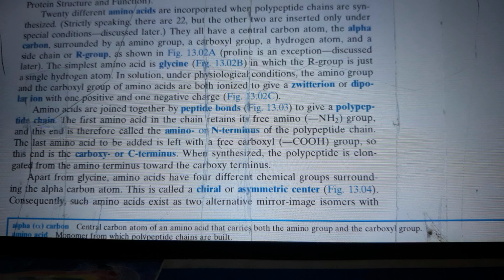20 different amino acids are incorporated when polypeptide chains are synthesized. So strictly speaking, there are 22, but the other 2 are inserted only under special conditions to be discussed later. They all have a central carbon atom, the alpha carbon, surrounded by an amino group, a carboxyl group, a hydrogen atom, and a side chain or R group, as shown in figure 13.2a.